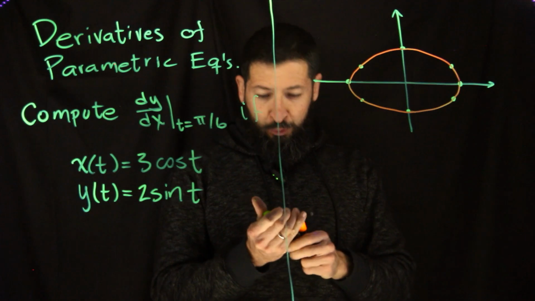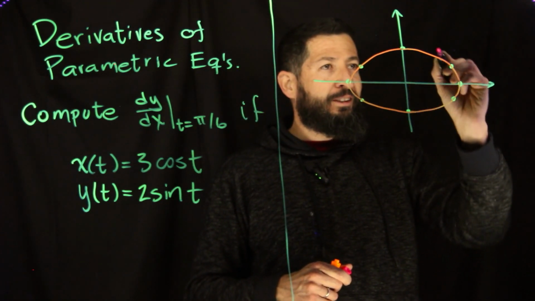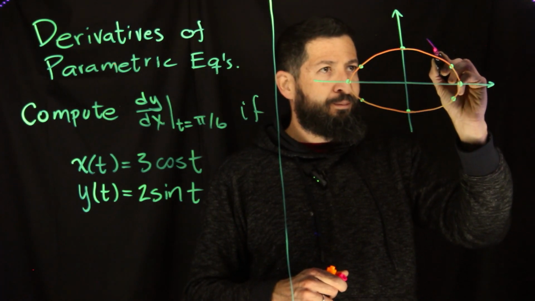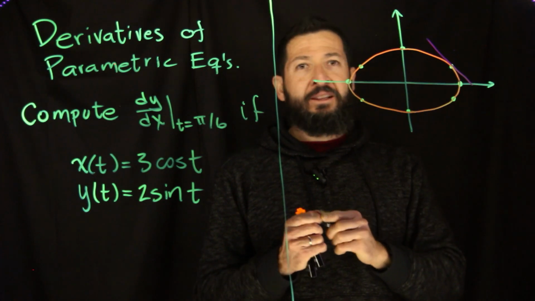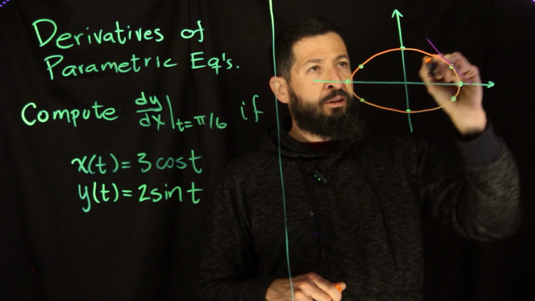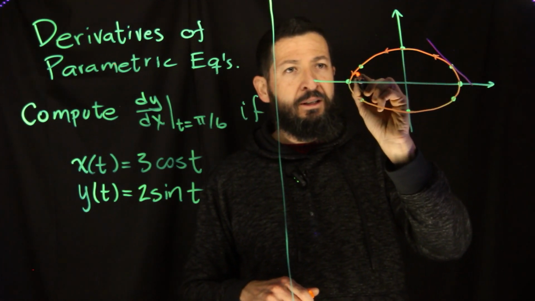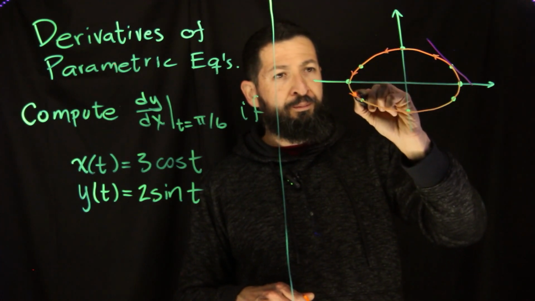And what I'm looking for is the slope of the tangent line at this point, at t equals pi over 6. That's the slope of the tangent line for that curve. Now, remember the orientation of the curve is in this direction because I started plotting points here at 0.